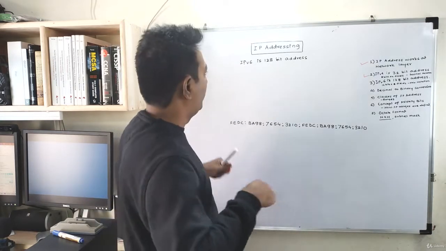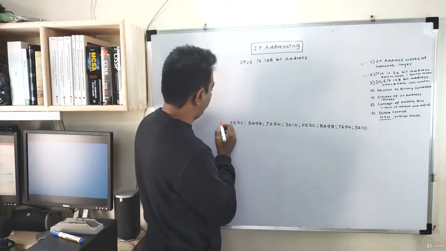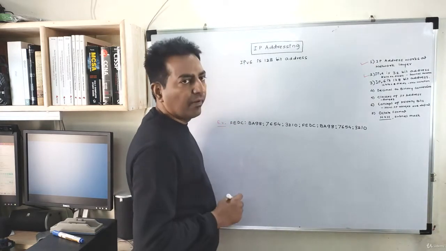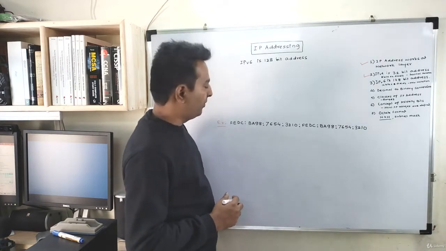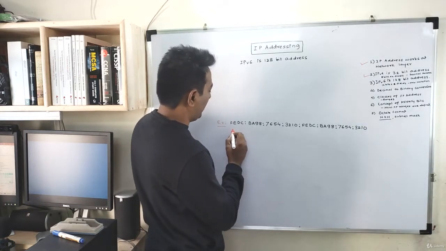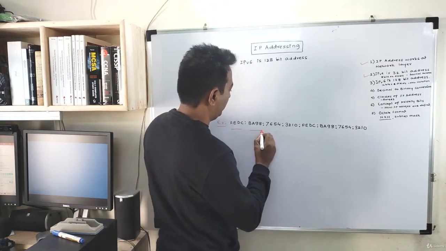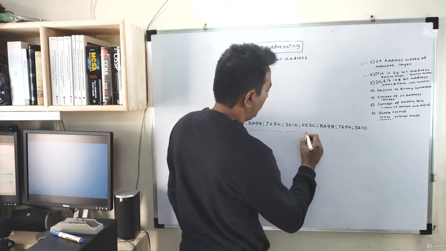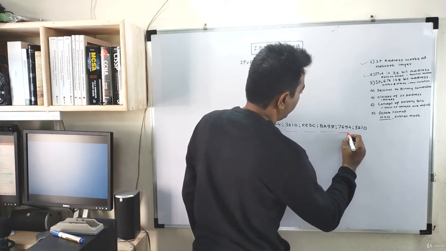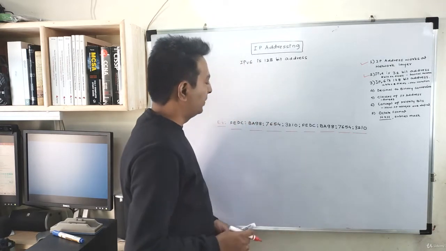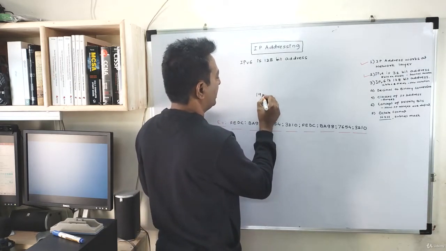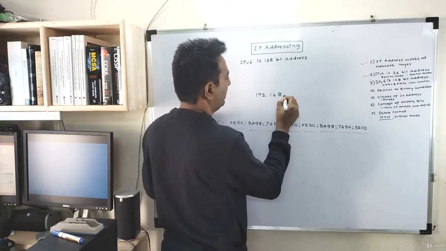Okay, so I have written an example of an IPv6 address. Friends, if you calculate the number of fields, 1, 2, 3, 4, 5, 6, 7 and 8. In case of an IPv4 address, the IP address was like this, right?